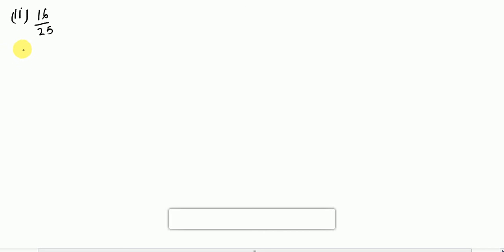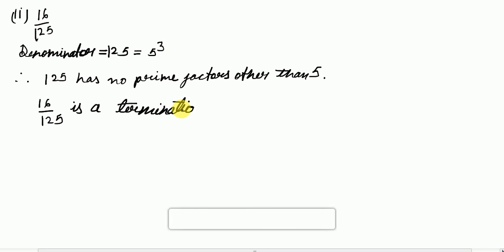So the denominator is 25, sorry, 125, and 125 can be written as 5 raised to the power 3. So 16/125 is a terminating decimal.